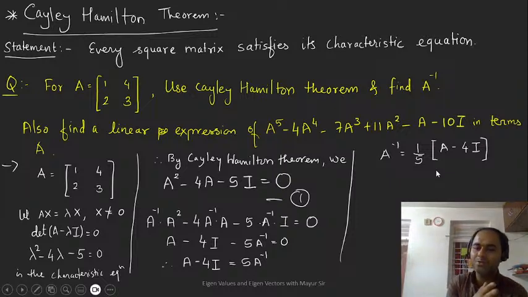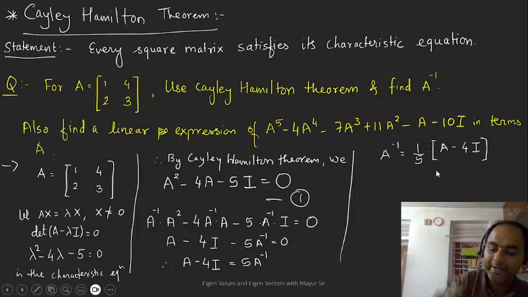Otherwise we always think of finding A inverse as adjoint over determinant, but this is also an easy way out. If you know this technique, then you can get A inverse by this method. So this is how you get the answer for A inverse.